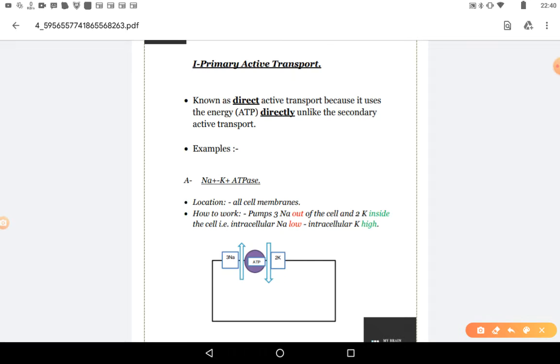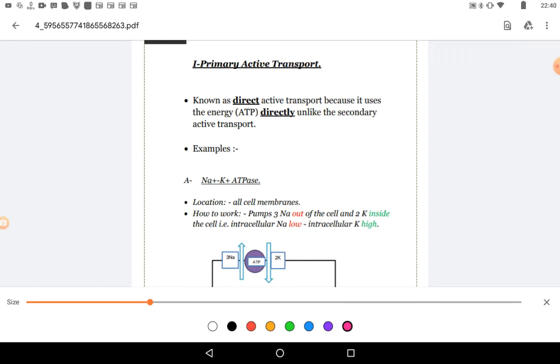Primary active transport means, from its definition, direct transport using the energy directly, unlike secondary active transport. We have several examples, starting with the sodium potassium ATPase pump, which is the most popular primary active transport.